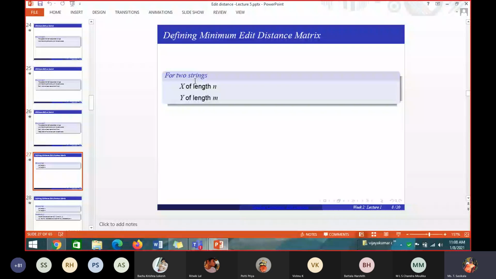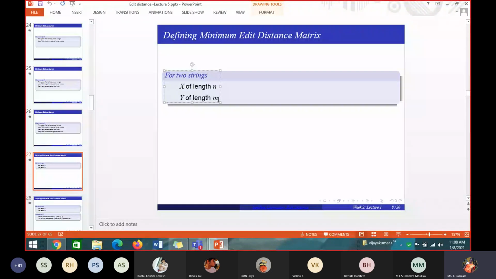X is the first string, and the length of X is the number of characters present in the given string. If you want to perform an edit operation, how many strings do I want, students? Two strings.